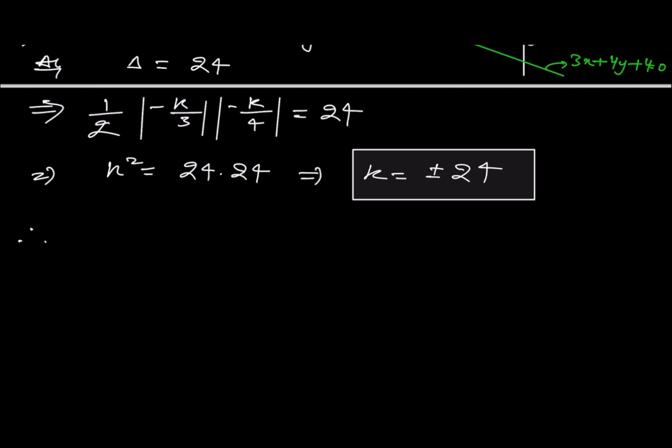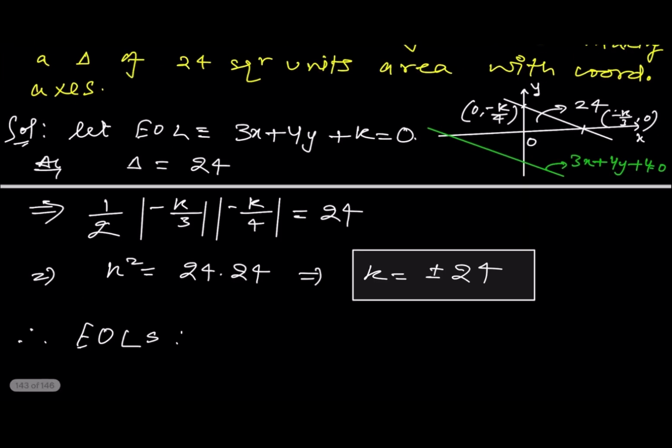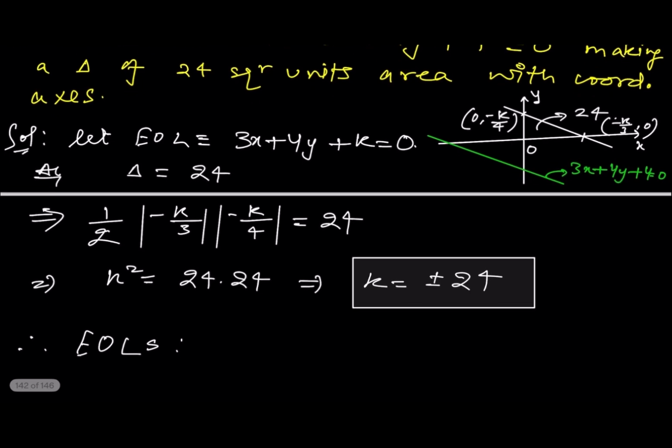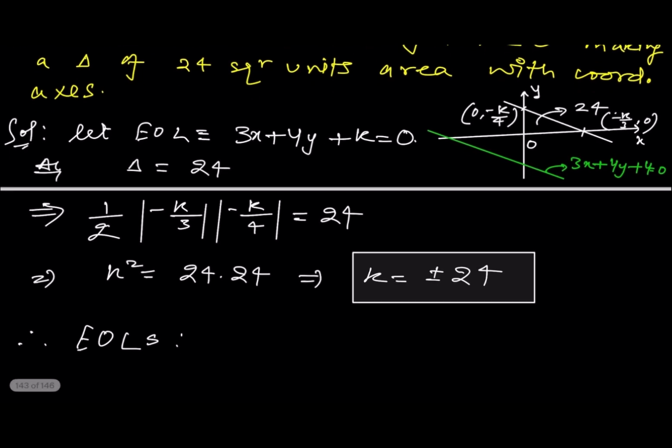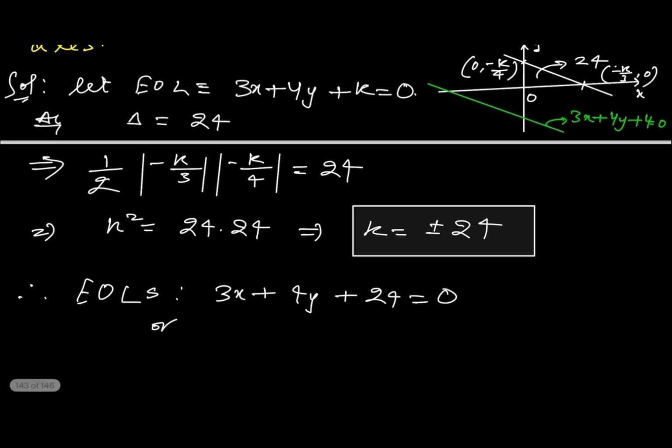So there are two possible lines, which are 3x plus 4y plus 24 is equal to 0, or the second one is 3x plus 4y minus 24 is equal to 0.